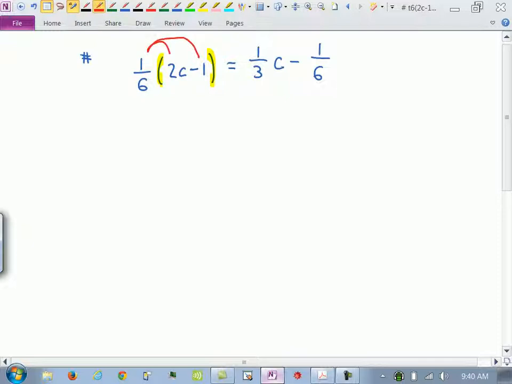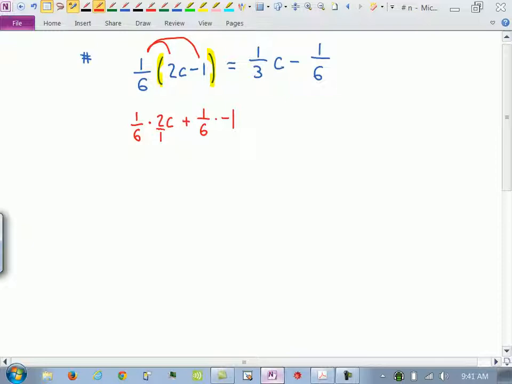So we are going to remove grouping symbols first, here and here, by distributing a 1/6 through the parentheses. So I'm going to go 1/6 times 2c, and then plus 1/6 times -1. Is that okay? Those are my two multiplications. What's 1/6 times 2c? So you have to look at that 2 as a 2 over 1. So multiply straight across, you get 2 over 6, don't you?